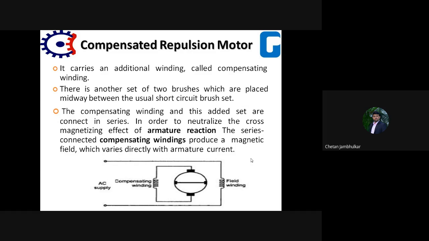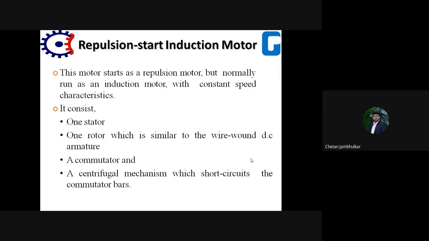So it is said that the compensating winding and this added set are connected in series in order to neutralize the cross magnetizing effect of armature reaction, and the series connected compensating winding produces a magnetic field which varies directly with the armature current. So this type of operation is performed in the compensated repulsion motor.